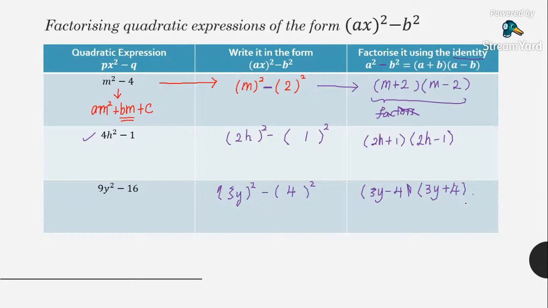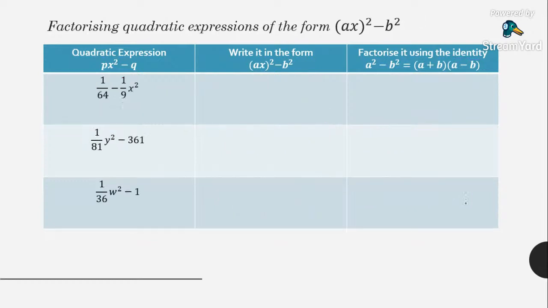Okay, next thing is when it comes to fraction. Okay, so actually it's still the same. It's just that now our answers will be in fraction form. So what you need to think of is the numbers at the denominator. So 64 is 8 square, 9 is 3 square. So same thing, I will write it in the form of bracket square minus bracket square.